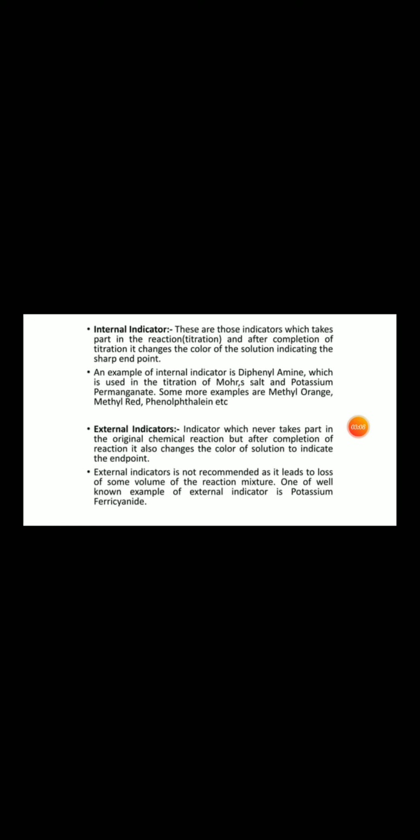An example is diphenylamine, which is used for titration of Mohr's salt. Then potassium permanganate. Some more examples are methyl orange, then methyl red, phenolphthalein. These are the common indicators we are using as internal indicators. Here, internal indicators are needed.